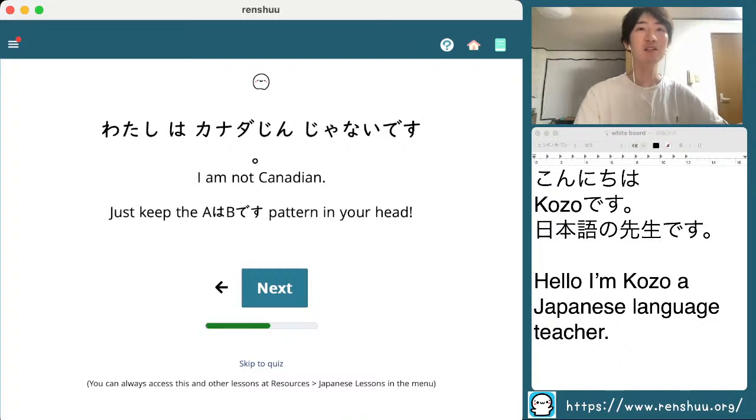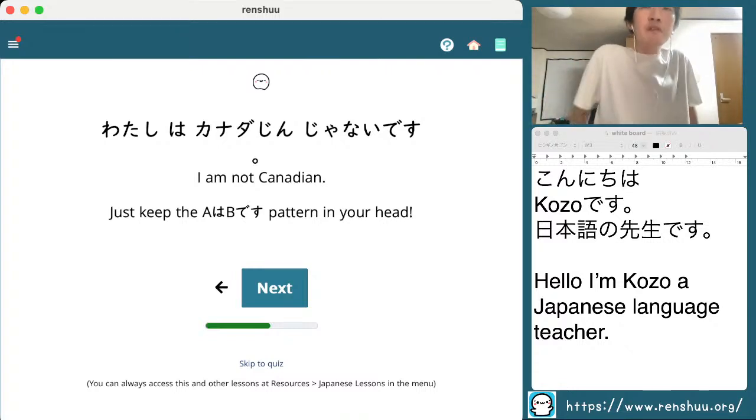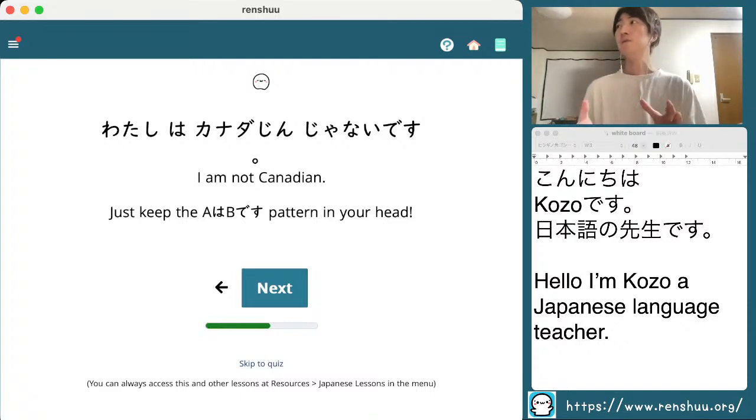Just keep the A is B pattern in your head. Now, about negative questions. When you put ka after this, it means a question, you want to ask something.